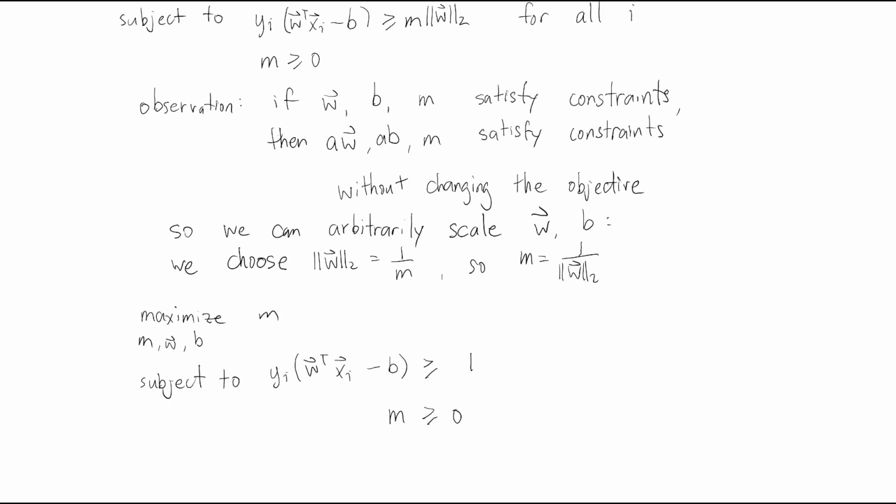Okay. So continuing, we have m equals 1 over the 2 norm of w here, so let's erase that and replace it with 1 over the 2 norm of w. And by the way, with this choice of m, we automatically satisfy m greater than or equal to 0, so we don't need this part anymore either.